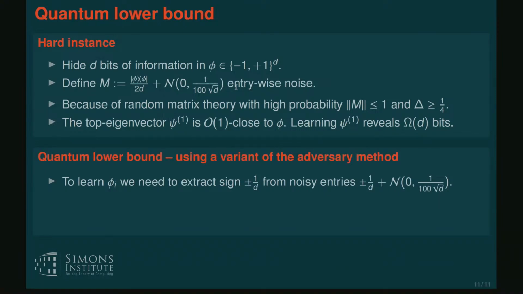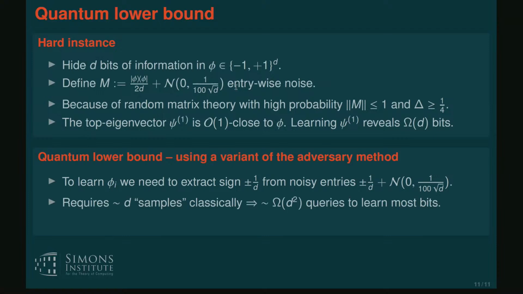And to resolve this sign accurately, I would need classically roughly d samples to decrease this noise, which was 1 over square root d, to 1 over d only. I need d samples for that suppression of noise level classically. So for learning any bit, I need roughly d samples, which means d entries have to be read from the matrix. And I need to do it for most of the bits.